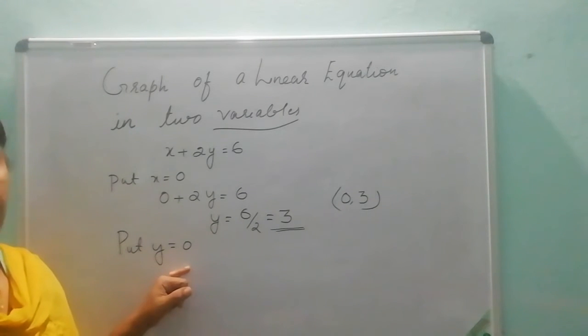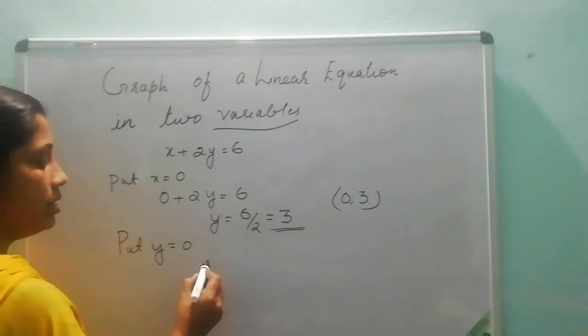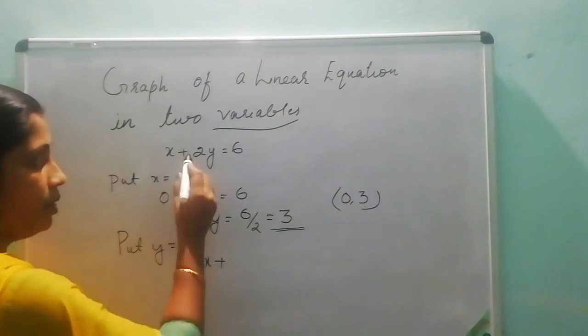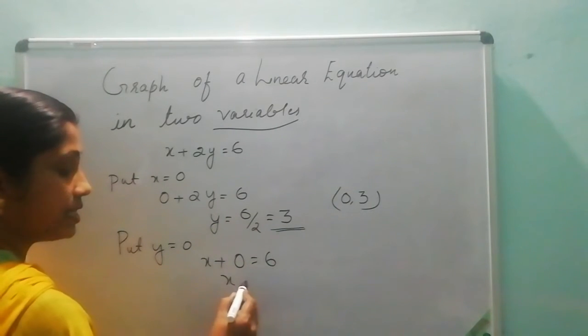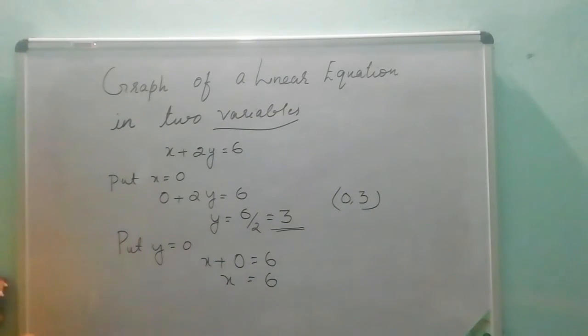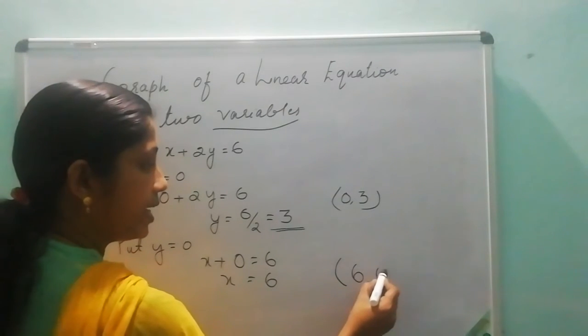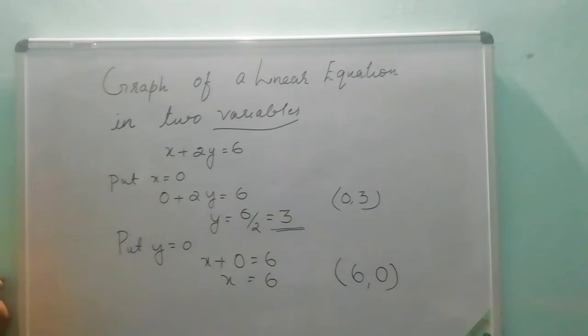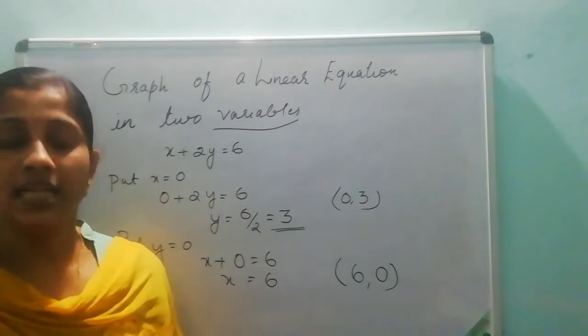Put y is equal to 0. What happened here? x plus 0 is equal to 6, that is, x is equal to 6. So we get another solution. First you have to write down the x coordinate, then the y coordinate: (6, 0). Thus we got two solutions here. First one is (0, 3) and second one is (6, 0).